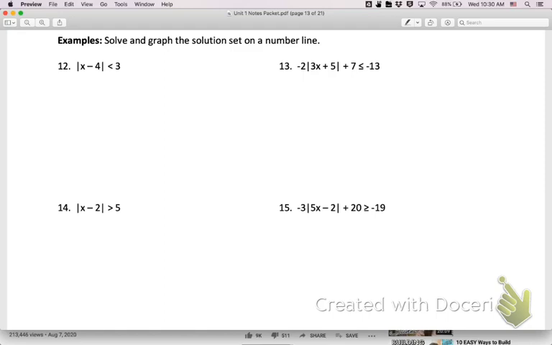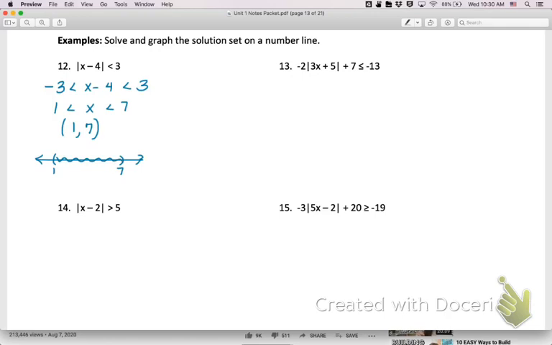So that tells me that my distance has to be between positive 3 and negative 3. And so we'll add 4 to both sides. We get 1 is less than x is less than 7. That's the interval from 1 to 7, open on both sides. And the graph would be 1 to 7 and everything in between.